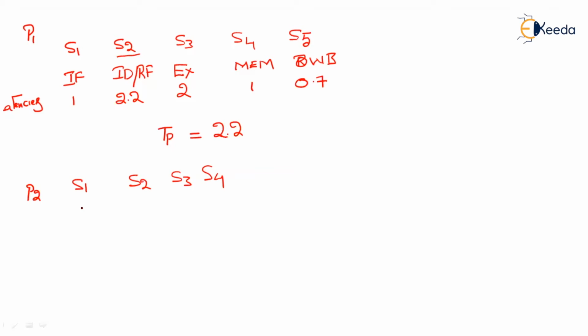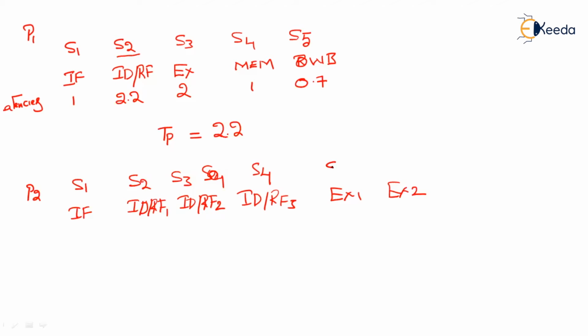This is S1, which is instruction fetch. Then ID by RF 1, ID by RF 2, and the fourth stage is ID by RF 3, S4. Each of these latencies is 2.2 by 3. Then followed by the execution stage, which also has been divided into 2, EX1 and EX2, S5 and S6.